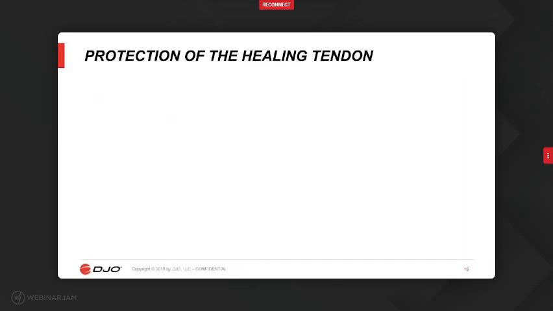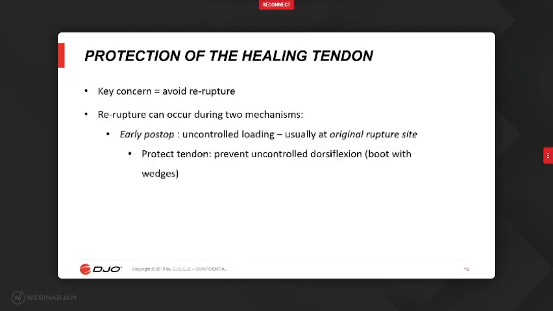And during the healing of the tendon, protection is important. So a key concern is always avoiding a re-rupture. And a re-rupture can occur during 2 mechanisms. Early post-op, there can be uncontrolled loading, and usually there is a rupture at the original rupture site.